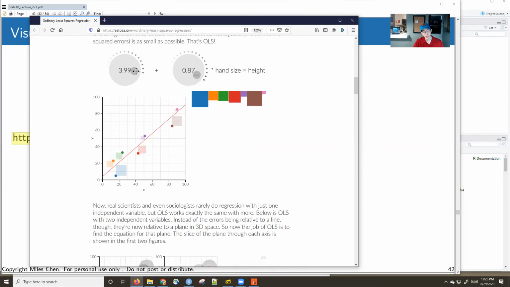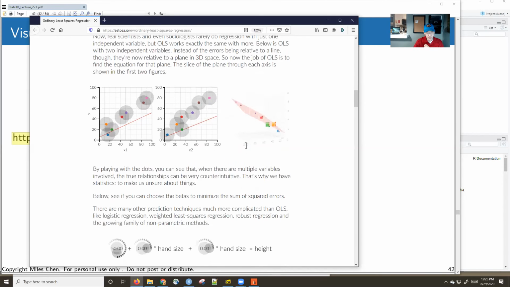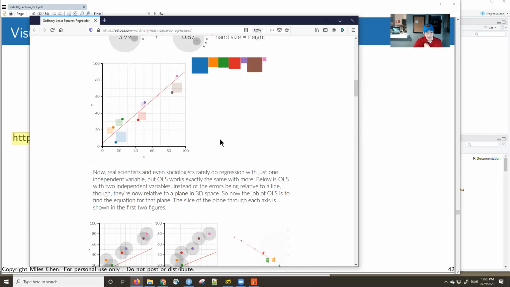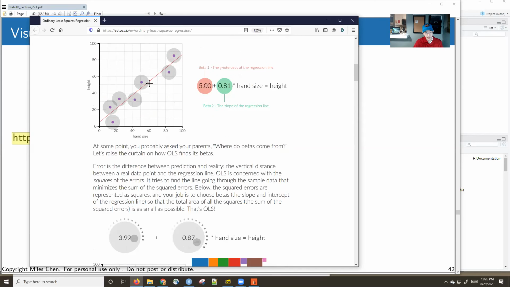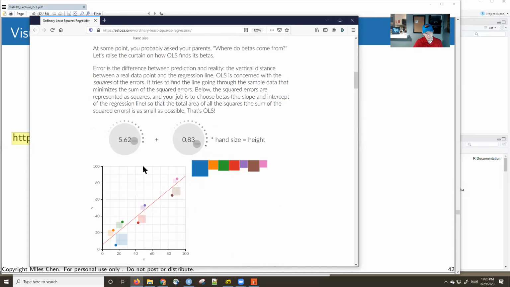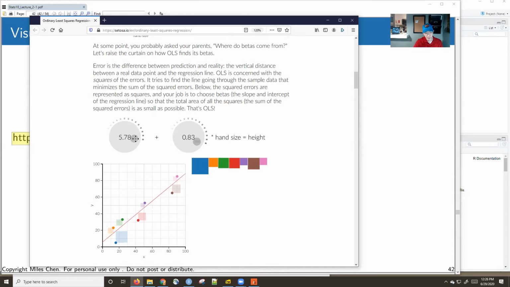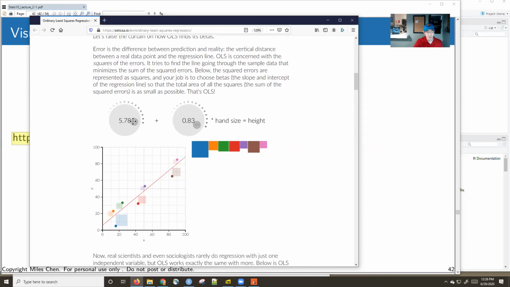Basically, you could try using these knobs to adjust how big the slope should be and how big the intercept should be. You're twisting these knobs, and at the end of the day, the least squares regression line is going to be, if you pick 0.81 and 5.0, I don't think I have the fine-tuning ability to do it.